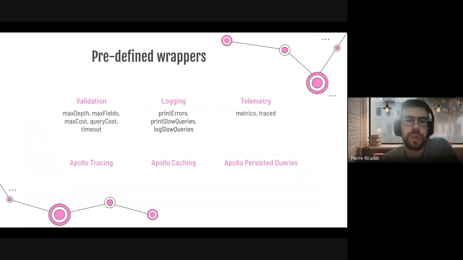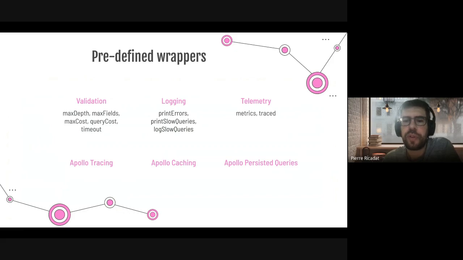You can, of course, make your own. And you can also reject queries if the cost is too expensive. You can adapt those wrappers and call some external API to maybe charge something for every query, and so on. There is also a timeout wrapper if you want to interrupt any query processing that takes more than a specific time.